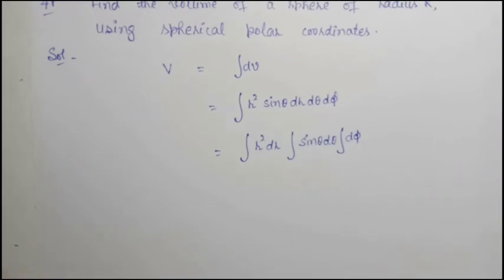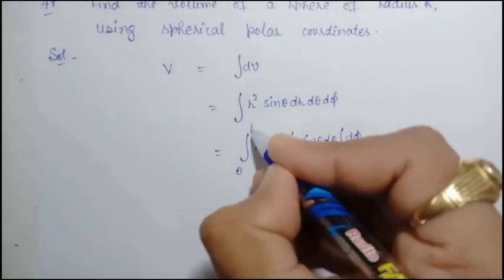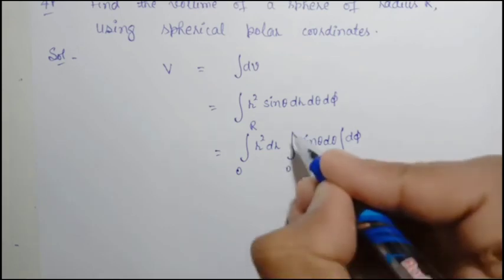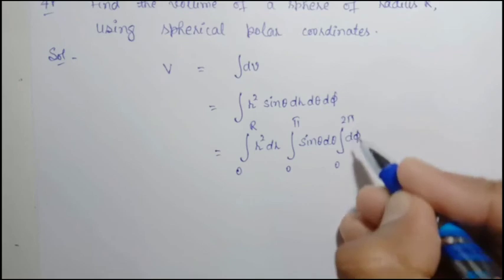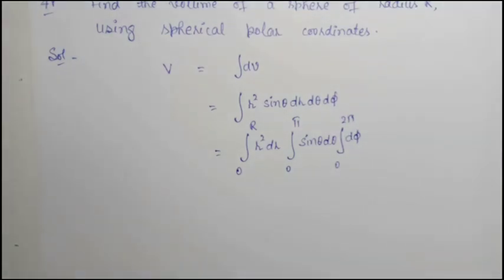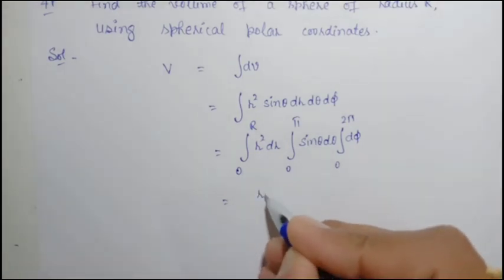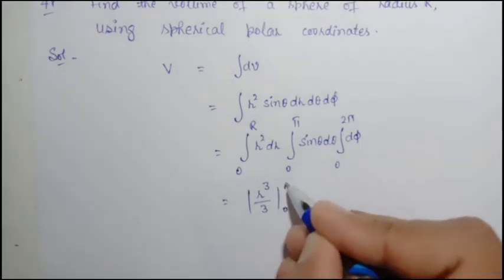In the case of r, the limit varies from 0 to r because the radius is r, then for theta the limit varies from 0 to pi, and for phi 0 to 2 pi. These two are interchangeable, but generally we prefer 0 to pi for theta and 0 to 2 pi for phi. So when we integrate this, we can write r cube over 3, 0 to r.